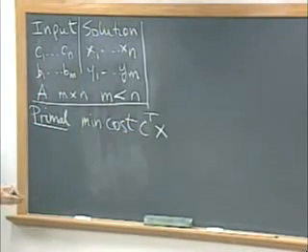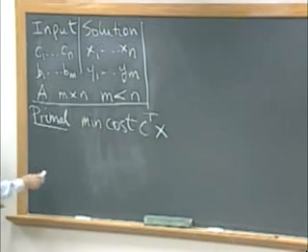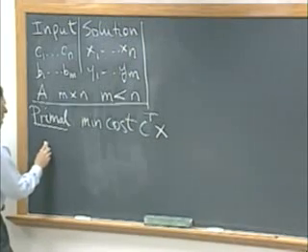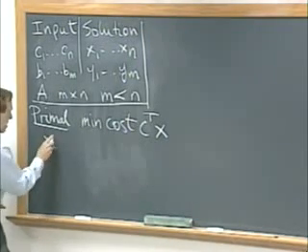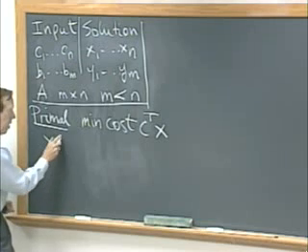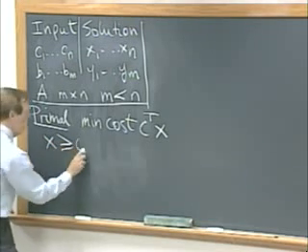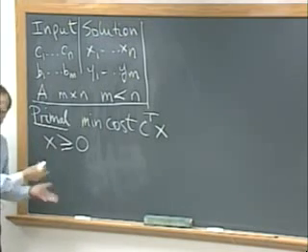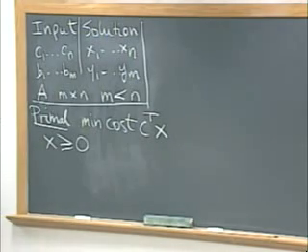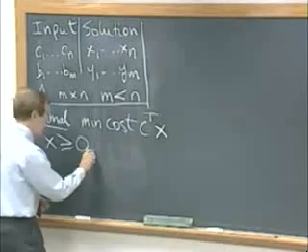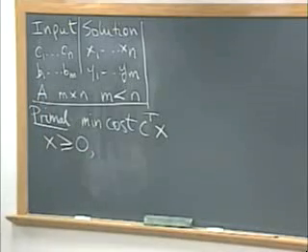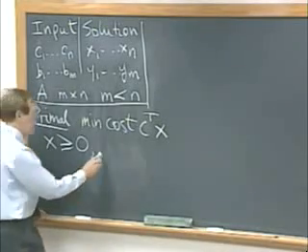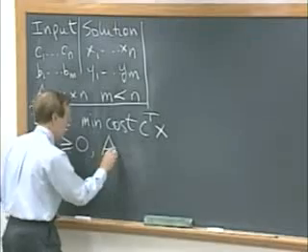What are the constraints? Here's the key constraint: the vector x, all the components have to be non-negative. We can't use negative amounts of materials. And the other constraint is that we have to satisfy some requirements. And those will be expressed by Ax = b.